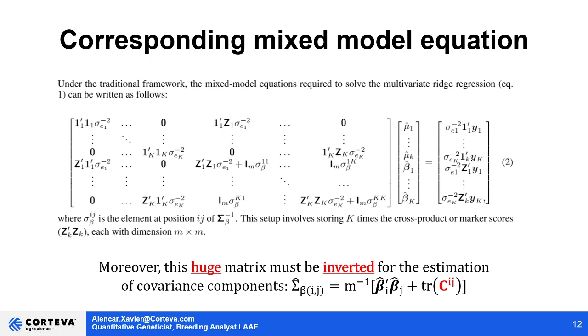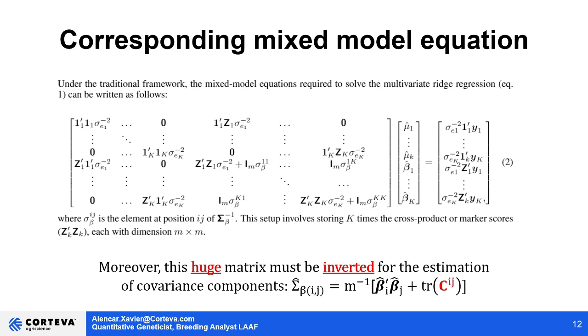So you can imagine that if we follow the traditional multivariate framework for this model we just described, the mixed model equation depicted in this slide can be enormous. And that's because every time we try to fit a model that is jointly modeling multiple traits, we have to operate using Kronecker products. That implies that the dimensions of the left and right side of our system of equations become really big.